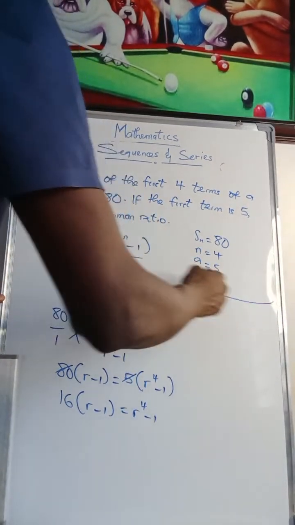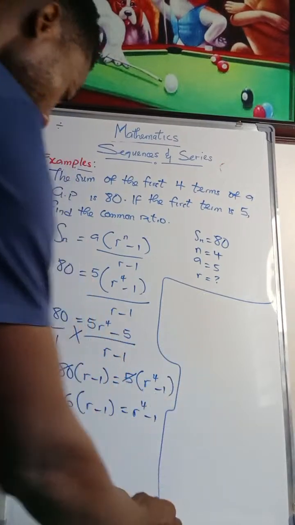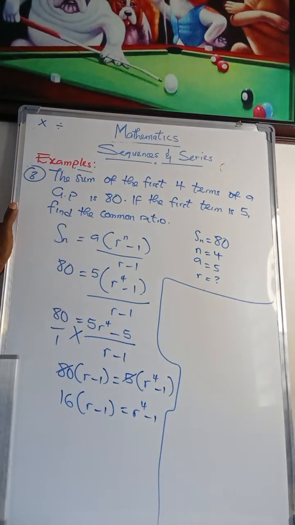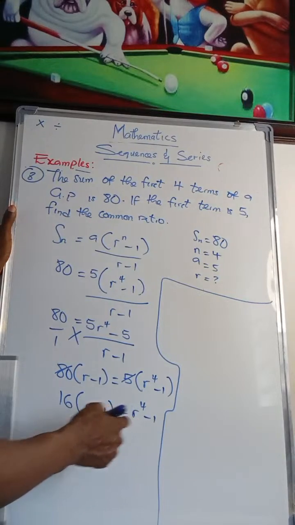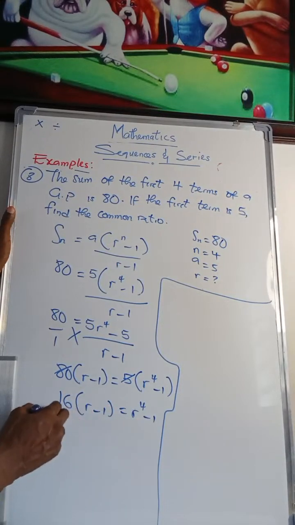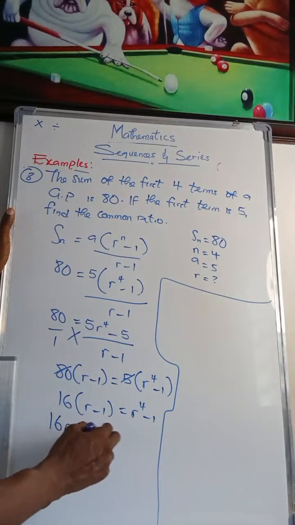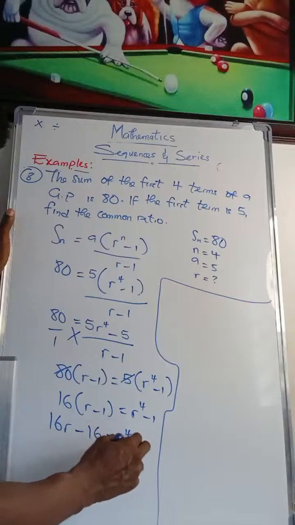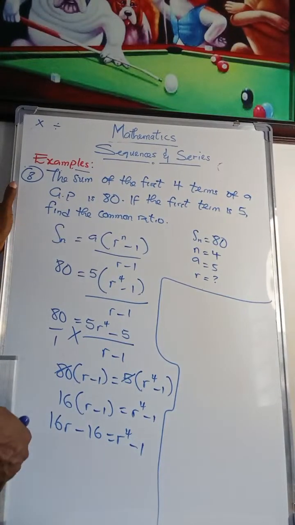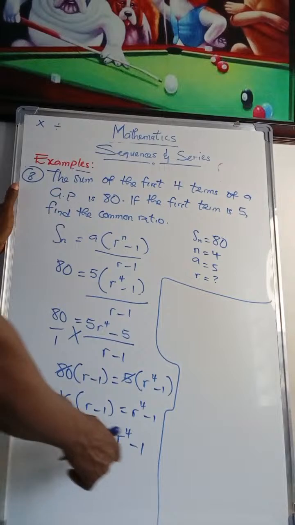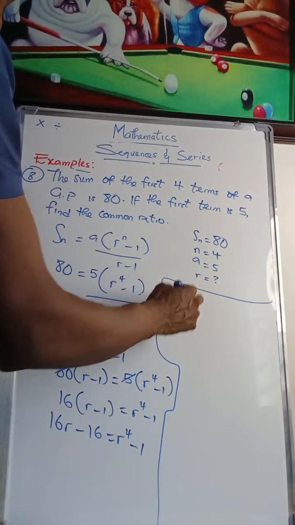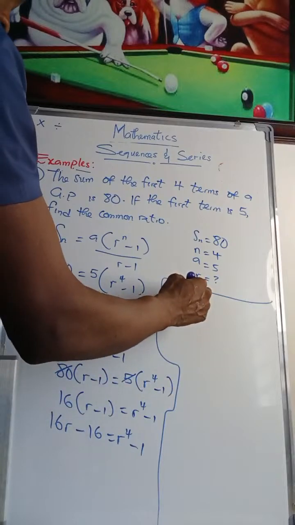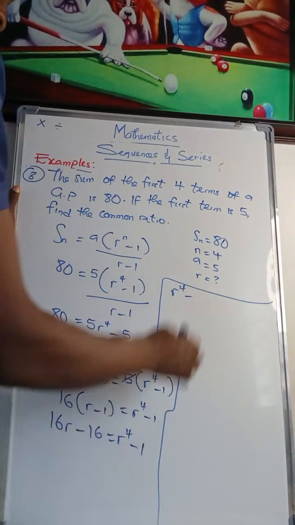Okay, so from there, we can open this bracket here, or we can as well factorize this. Or let's open the bracket. We have 16 times R gives us 16R, minus this times this, 16, equals to R raised to 4 minus 1. Then we can collect like terms. So we have R raised to 4 minus 1.